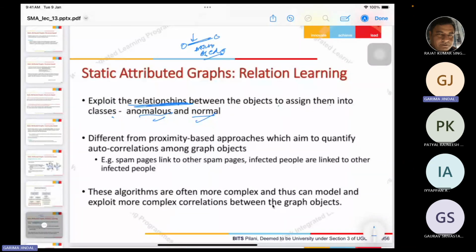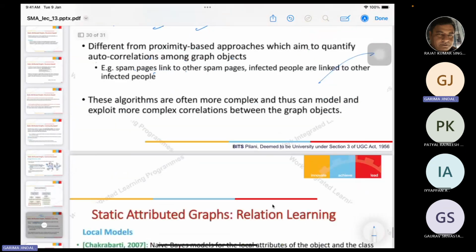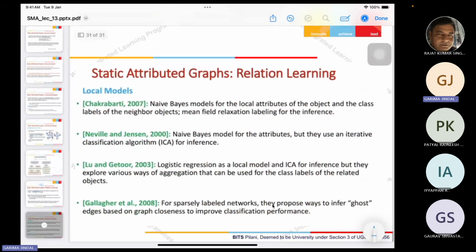This is different from the proximity-based approach, which aims to quantify autocorrelation among the graph objects. The spam pages link to one another. I have already given you this example, and there are different algorithms that use these edge properties to identify anomalous behavior, and these are the different algorithms.